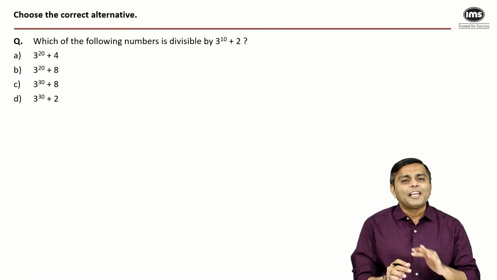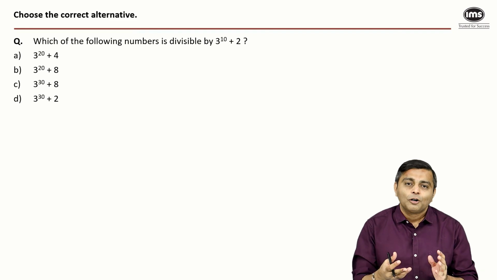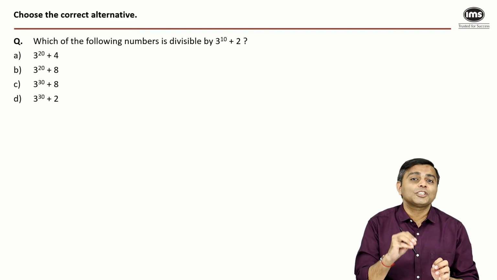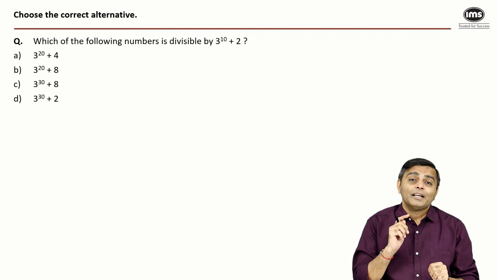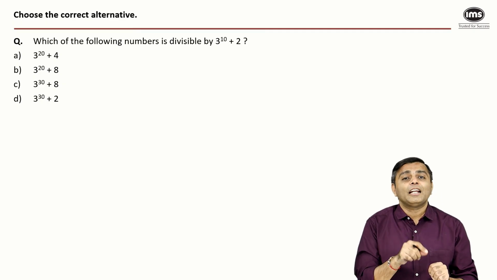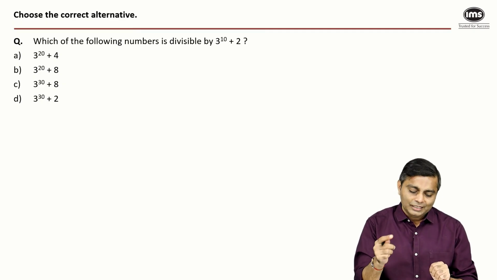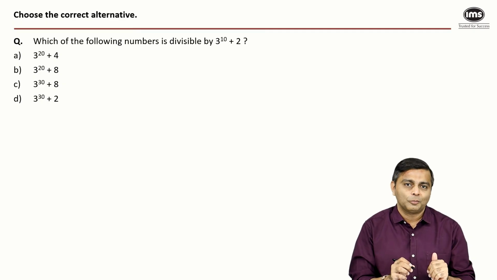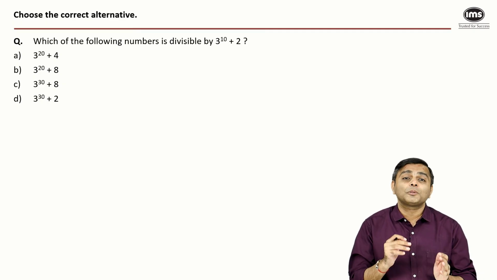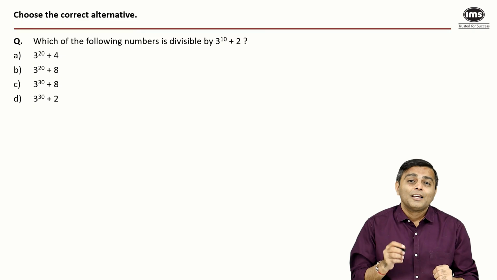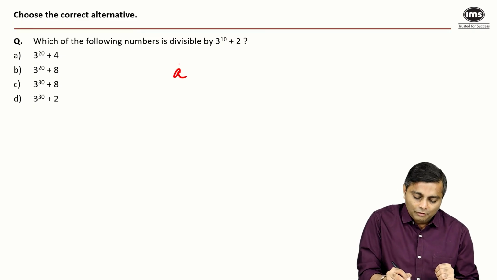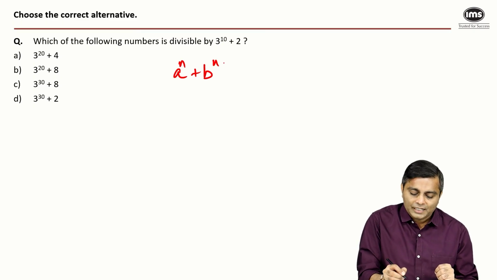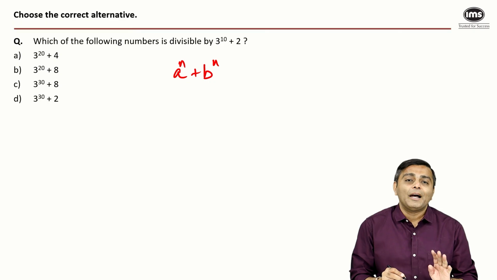The next question is also a very, very simple application of a very simple property of A raised to n and B raised to n. The question is formed in a way that asks which of the following is divisible by something. Which of the following means we have to go through all the options. All of the options are in terms of addition, which means we are trying to think of A raised to n plus B raised to n being divisible by something.